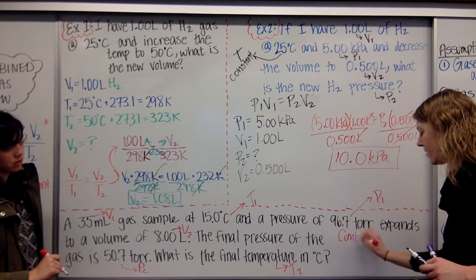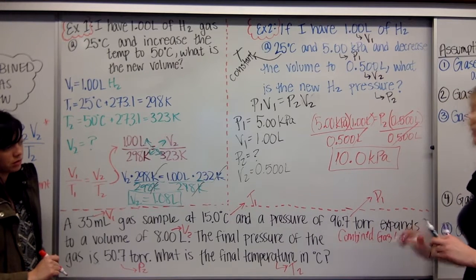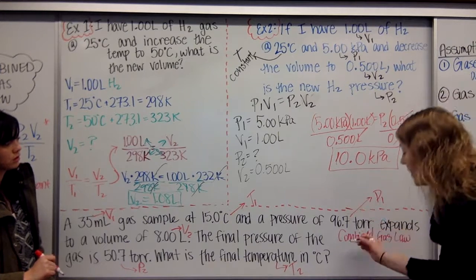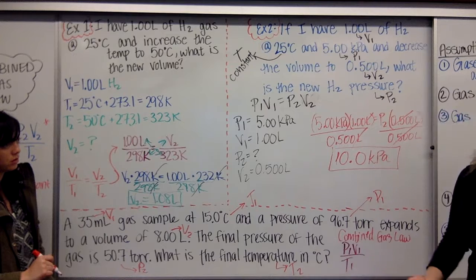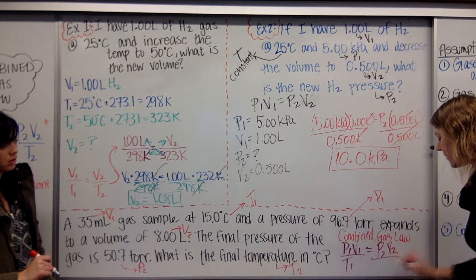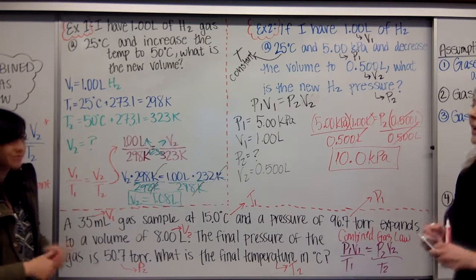We're going to use the combined gas law, right? Nothing is being held constant here. Okay, so we need the law that shows nothing's being held constant. P1 times V1 over T1 is equal to P2 times V2 over T2, right? That's it.